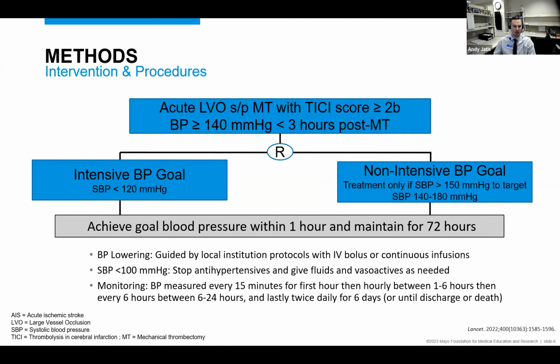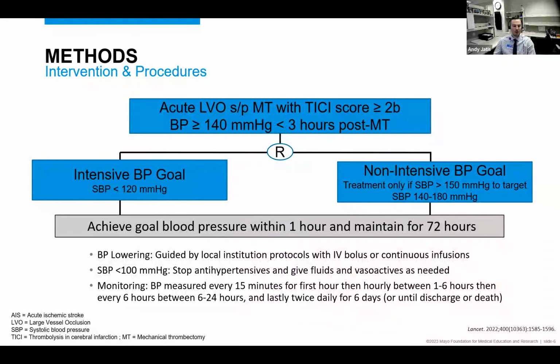And then following this, the goal was to achieve their blood pressure within 1 hour and to maintain this for the next 72 hours. For what agents could be used for blood pressure lowering, it was largely local institution protocols, which really left it up to any agent, whether IV bolus or continuous infusions.